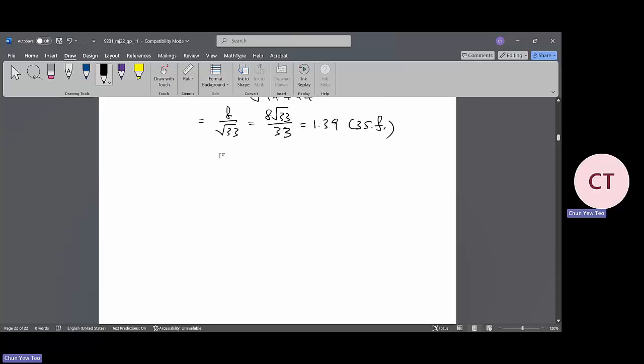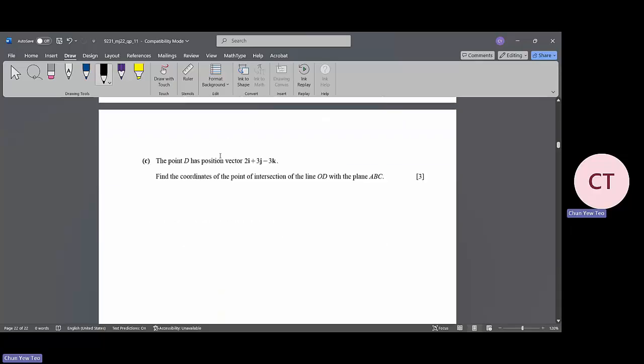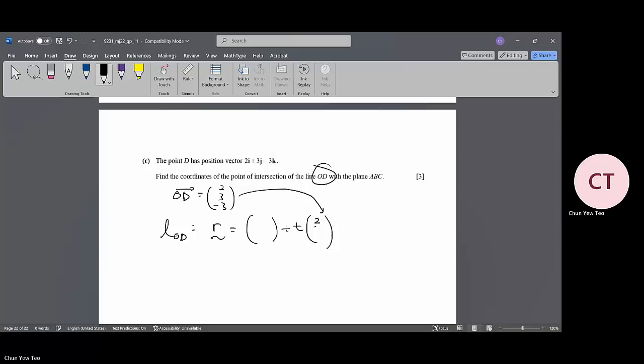And now we move on to the part C. We have a point D that has the position vector 2, 3, -3. And then we are looking for the line OD. So the line OD is actually r equals to this. Your directional vector is OD, and this one passes through the origin, 0, 0, 0.